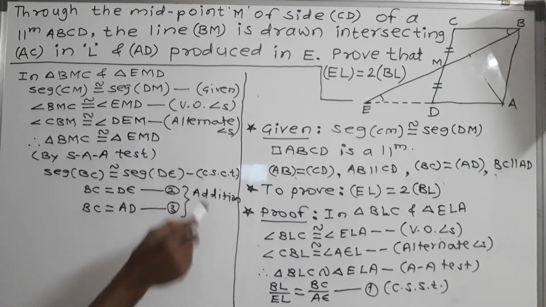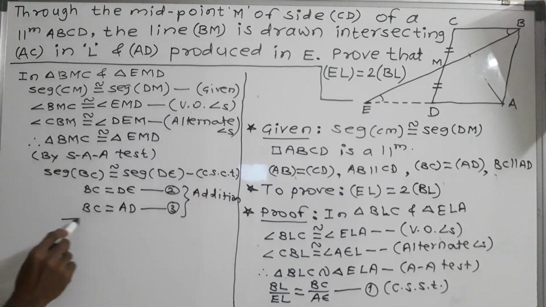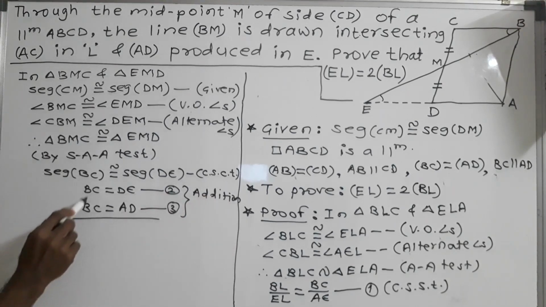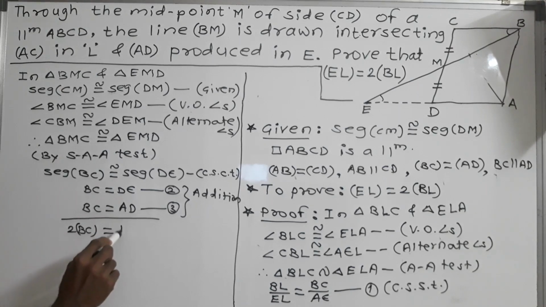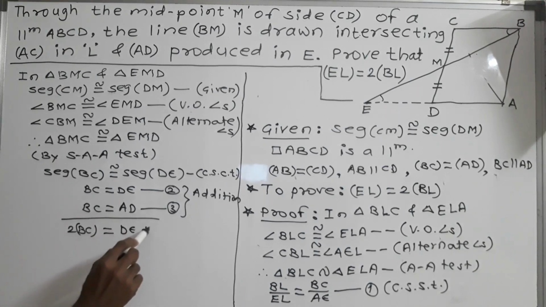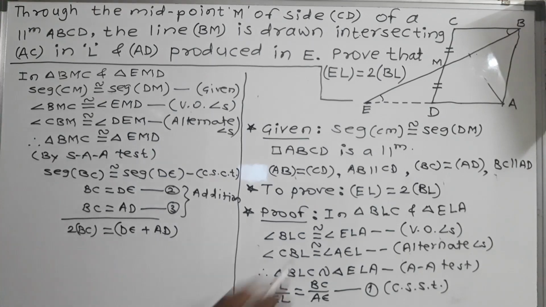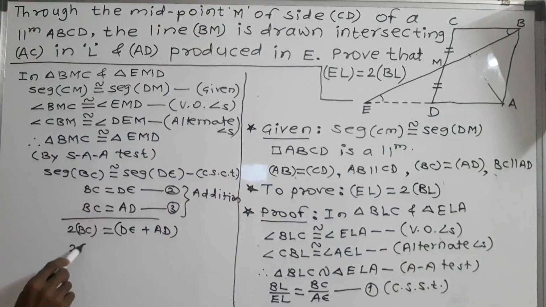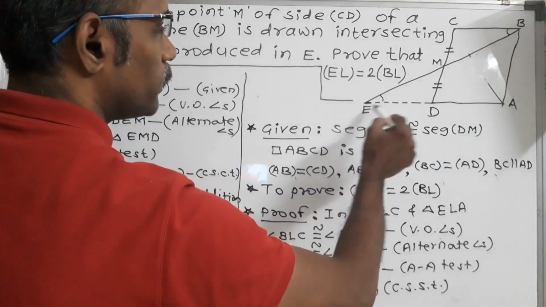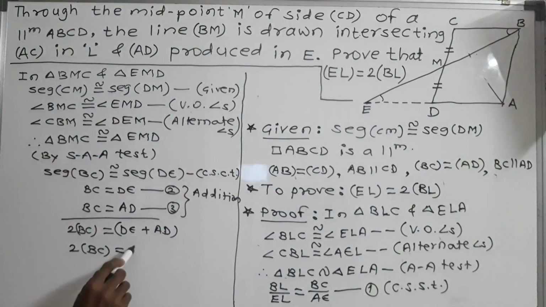When we add these two, we obtain BC plus BC means 2BC, and DE plus AD, which means AE.